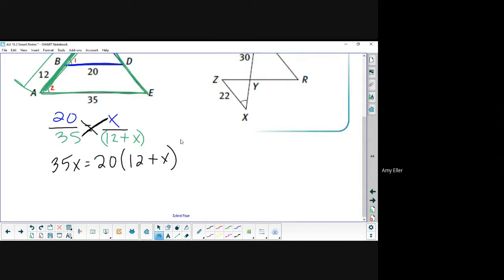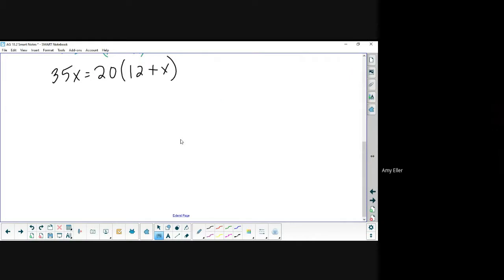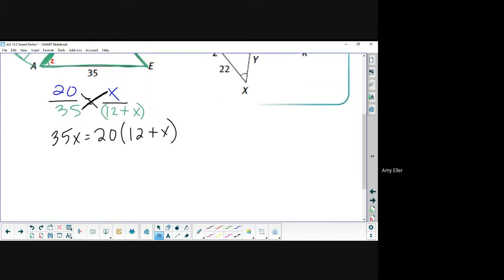Trace, any guess on what to do now in terms of the algebra? Yeah, let's distribute the 20. Keep on going.